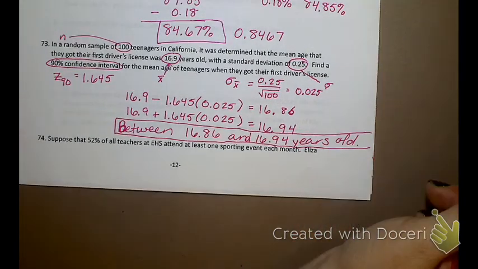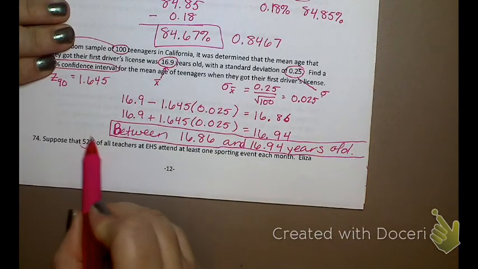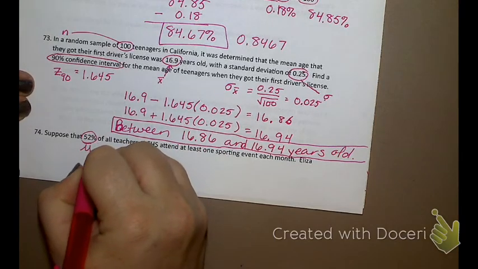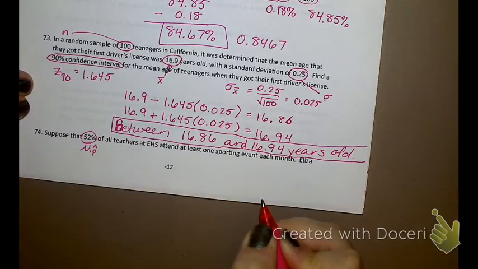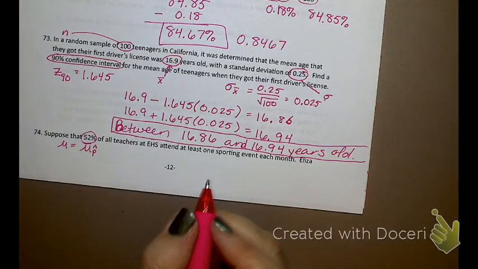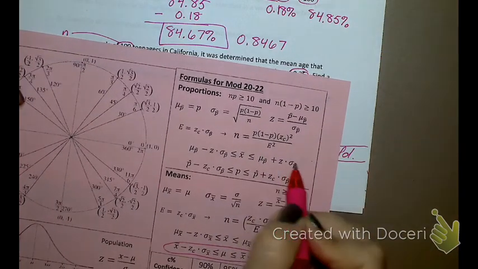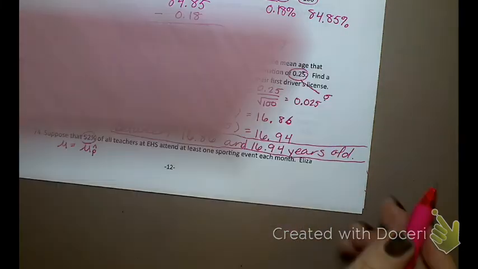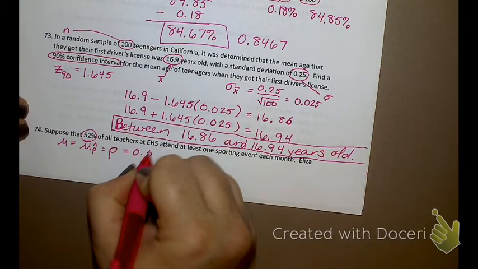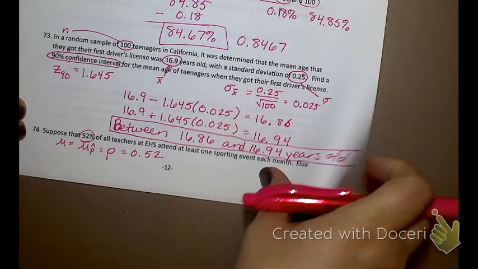All right. It bothers me that this is on 2 pages. Suppose that 52% of all teachers at EHS, I'm going to call that mu sub p hat, which also equals mu, as our mu sub p hat is equal to the proportion of the whole thing right there, equals p equals 0.52. 52% of all teachers attend at least one sporting event each month.